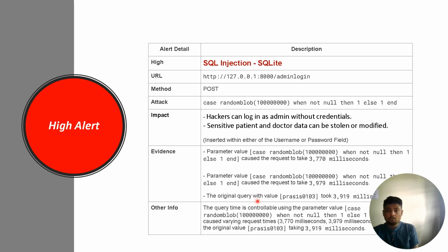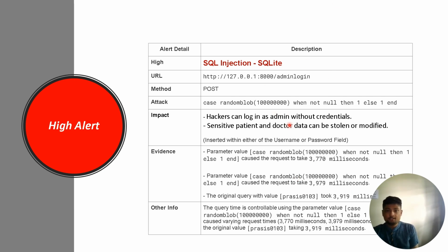For example, if we log in using our normal admin password, which is processor103, this is the response time, and due to this query, you can see that the response times are different. So this is how it can affect our application.